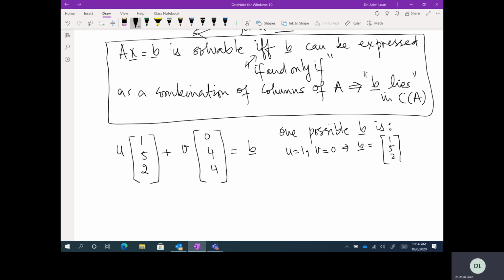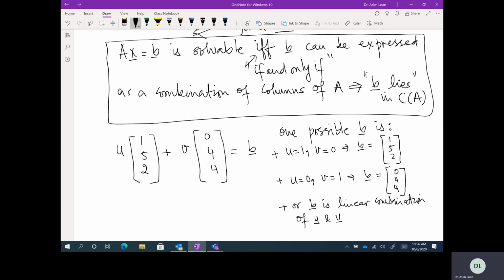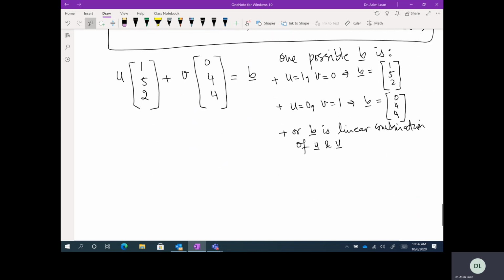Obviously, this lies in the column space. Or the other condition is U equal to 0, V equal to 1. This implies the second column, B is equal to [0, 4, 4], or B is a linear combination of U and V. Otherwise, we will not have a solution.